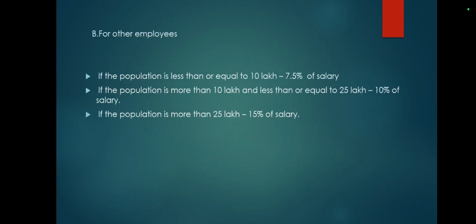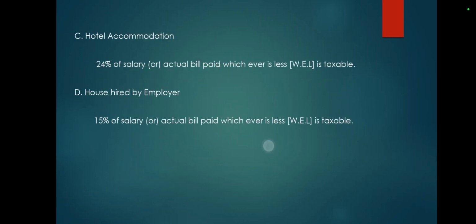If the population is less than or equal to 10 lakh, then 7.5% of salary. If the population is more than 10 lakh and up to 25 lakh, 10% of the salary. And if the population exceeds 25 lakh, then 15% of the salary is taxable as rent-free accommodation.